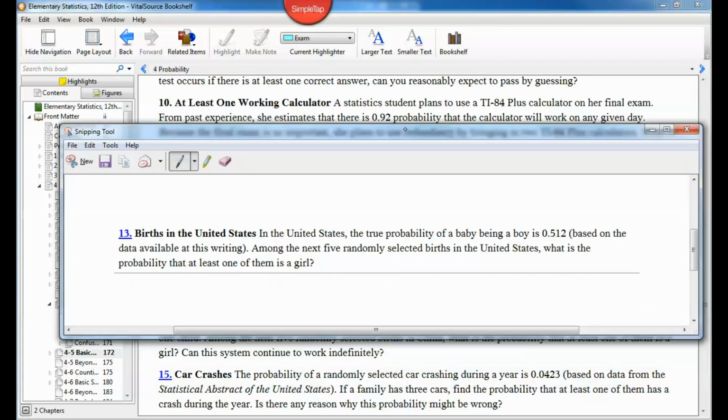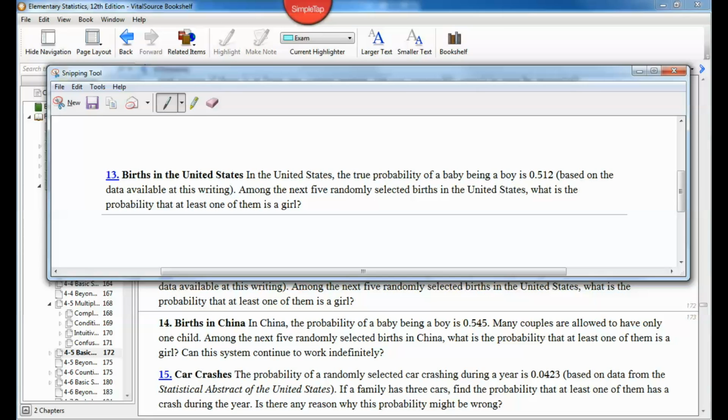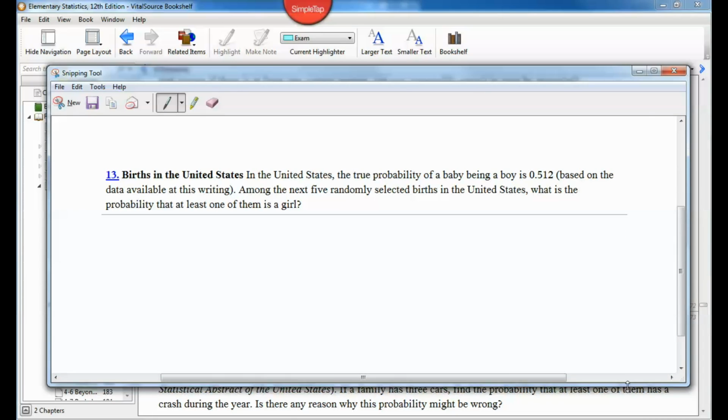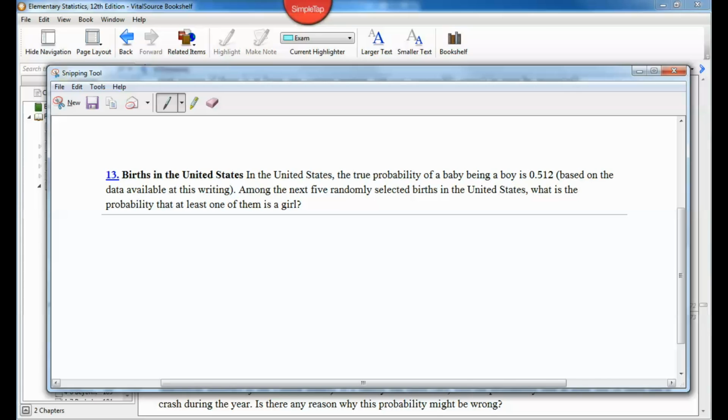All right. In the United States, the true probability of a baby being a boy is 0.512 based on the data available at this writing. Among the next 5 randomly selected births in the United States, what is the probability that at least one of them is a girl?